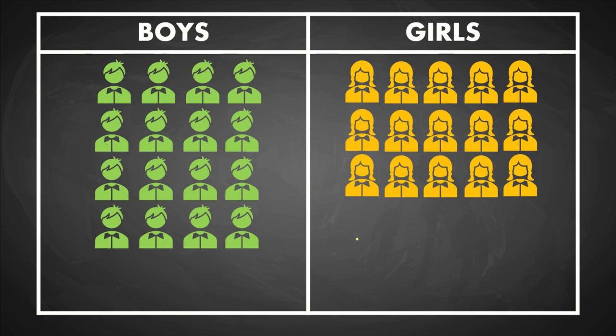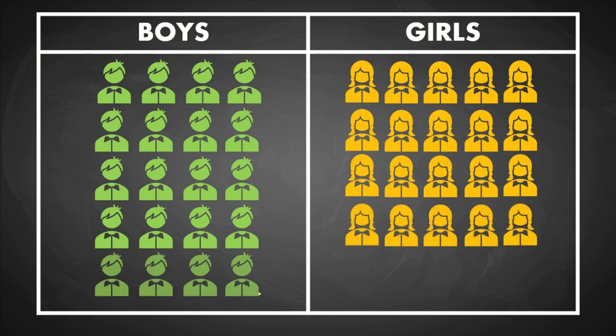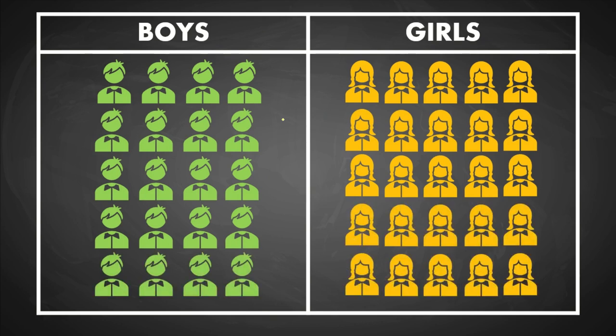So ito ngayon yung 4, 8, 12, 16, 20. 20 na boys. And 5, 10, 15, 20, 25 girls. So, ang lahat, ang total sa classroom ay 45 pupils or learners.